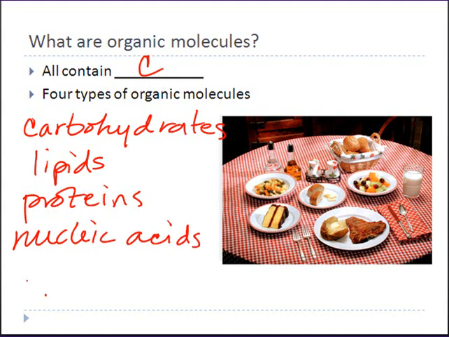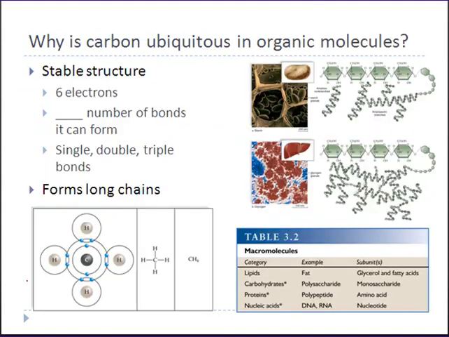So first things first, what is it about carbon that makes it so ubiquitous, or so commonly found in organic molecules? Well, carbon has a very stable structure. And if you remember, carbon has 6 electrons. The first 2 are located in that inner energy field, and then the remaining 4 are scattered around the outside of the carbon in the next energy shell.